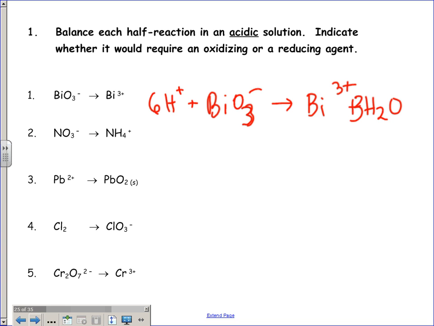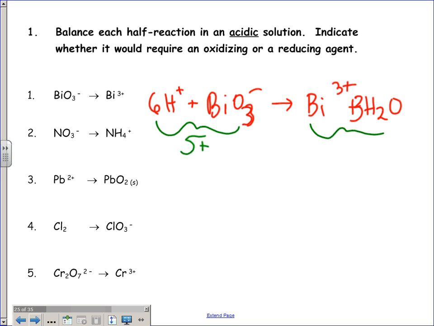Check the charges and see how many electrons you need to add. So what's the total charge over here? We have 6 plus and 1 minus, right? So 6 plus minus 1 leaves us at 5 plus charge over here.